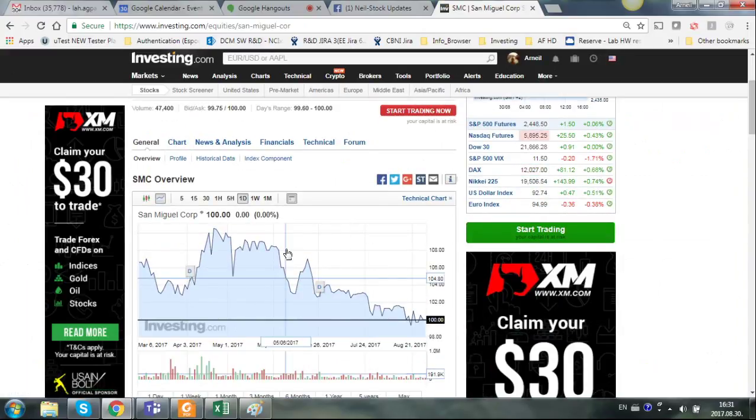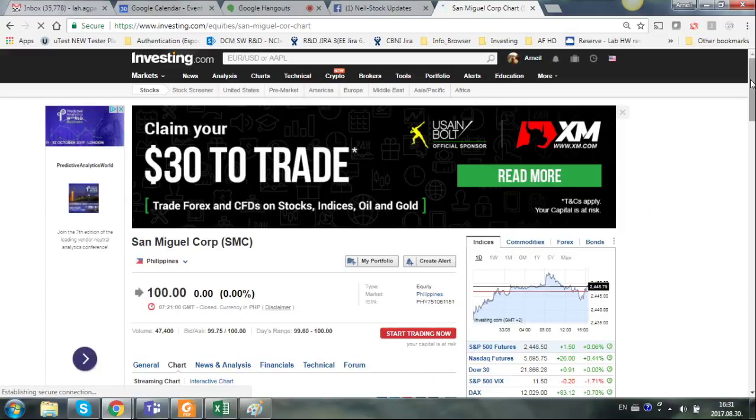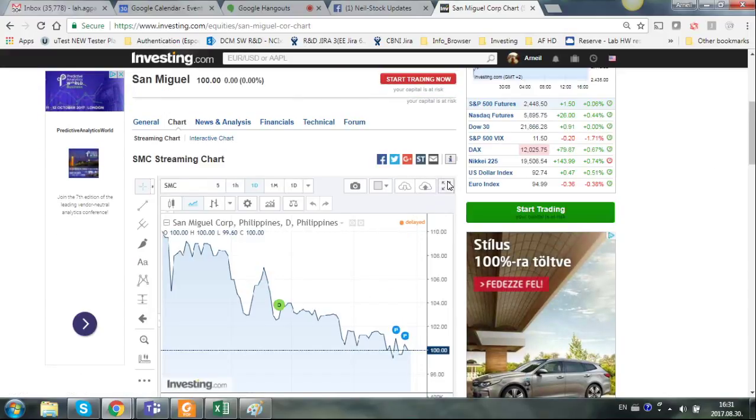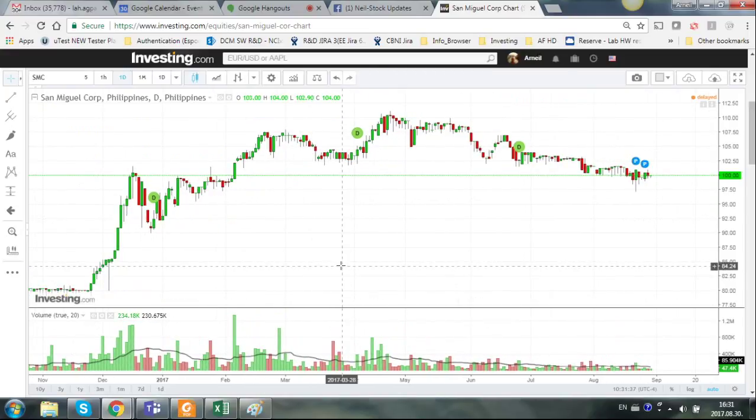San Miguel Corporation. Si San Miguel Corporation is a downtrending stock. So basically, na-avoid ko yung company na to ngayon. Because it's downtrending.